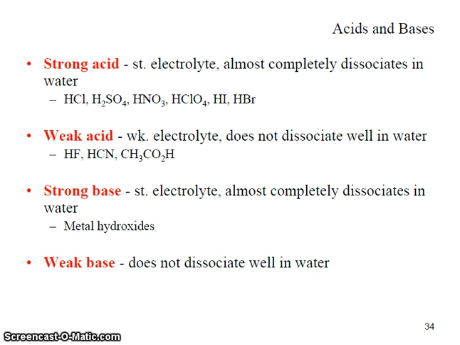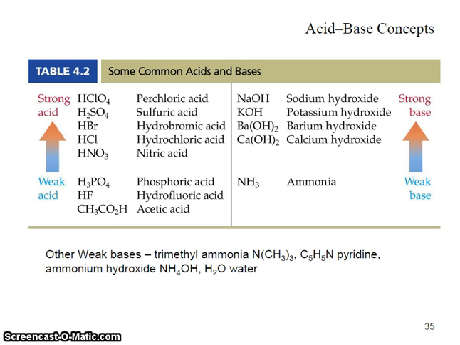On the other hand, a weak base, such as ammonia, will not dissociate well in water. So, for instance, ammonia does not give you OH negative, first of all. So a good example here will be NH3. And this chart just basically describes that as well. Perchloric acid is one of the most acidic acids that mankind knows.